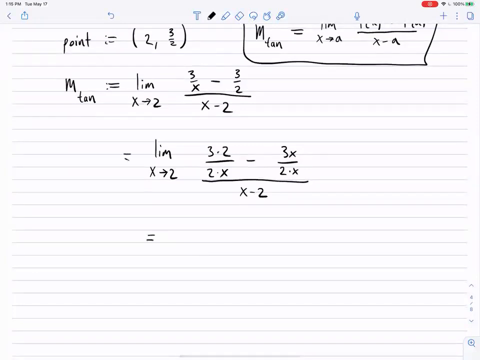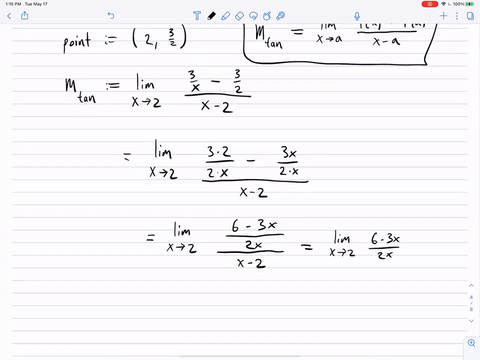That equals the limit as x approaches 2 of 6 minus 3x over 2x, divided by x minus 2. When you have a fraction over a fraction, that's the same thing as multiplying by the reciprocal. So this is the limit as x approaches 2 of 6 minus 3x over 2x, times 1 over x minus 2.